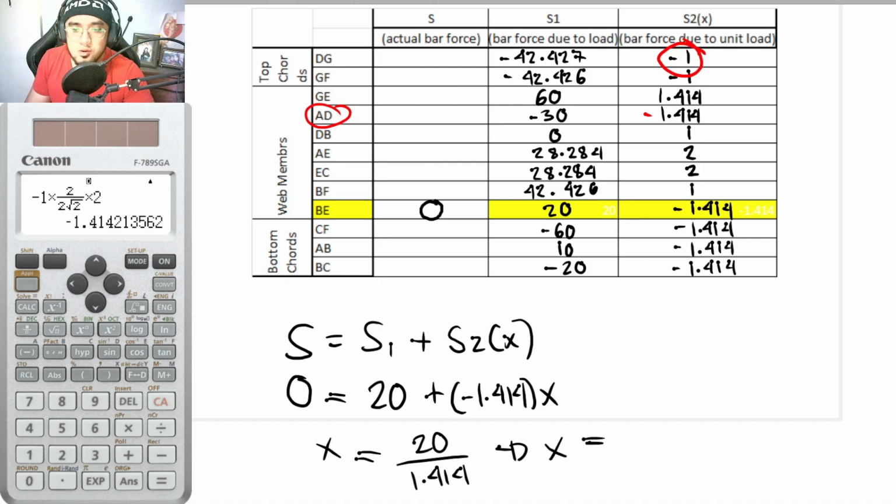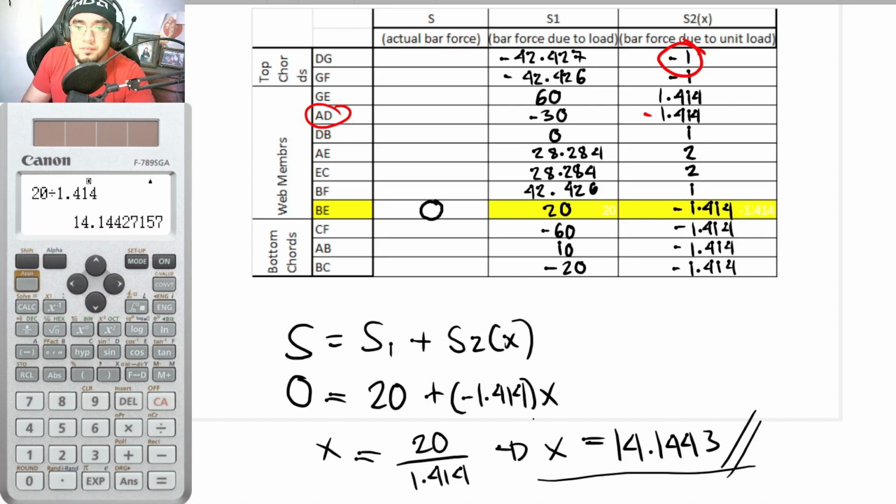Looking at the calculator, 20 divided by 1.414, the value of X is now equal to 14.1443.